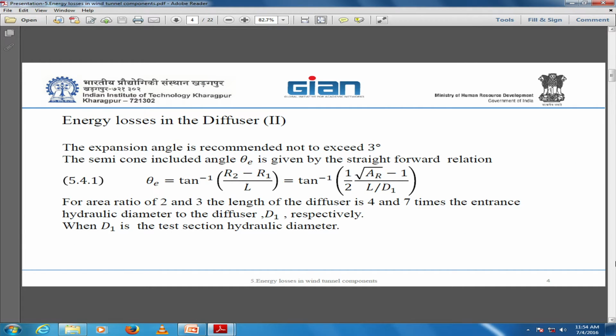It's the same formula. So the energy loss in the diffuser is composed of two elements. One is because of friction, and the other one is caused by the expansion.